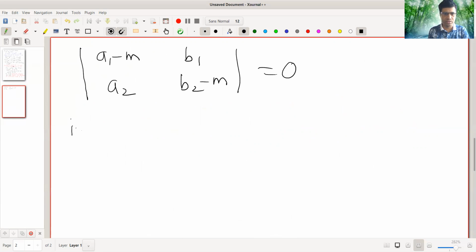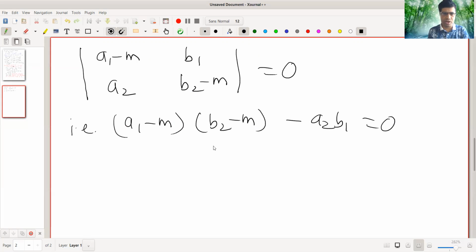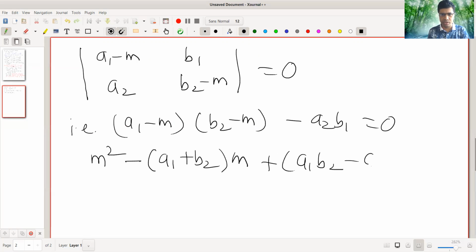That is (A1 minus M)(B2 minus M) minus A2 B1 equal to 0, and this is M squared minus (A1 plus B2) M plus (A1 B2 minus A2 B1) equal to 0.